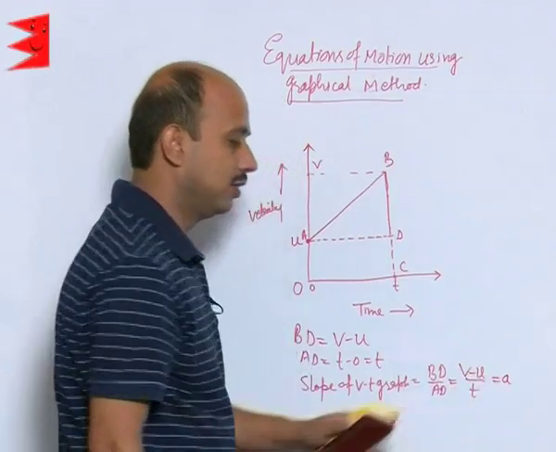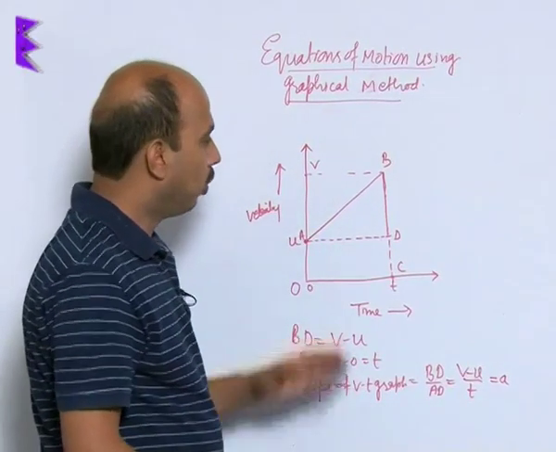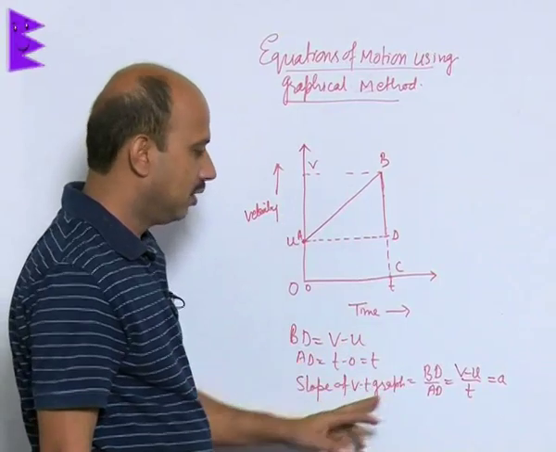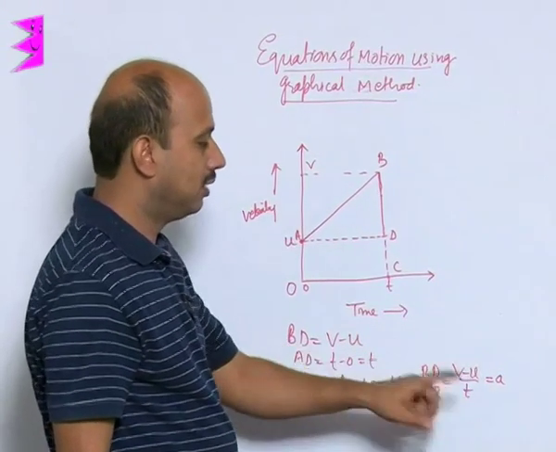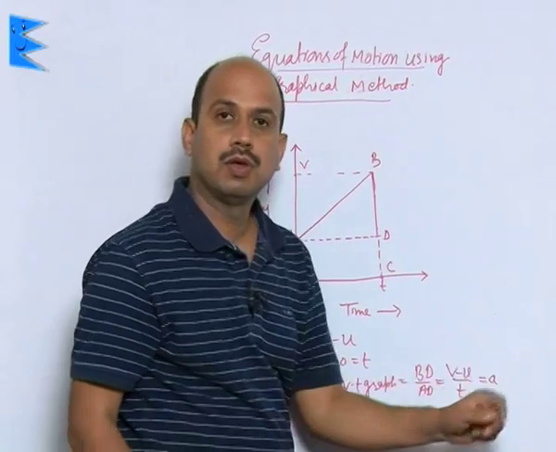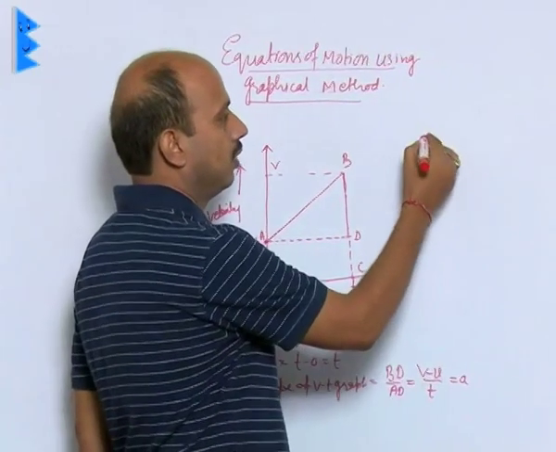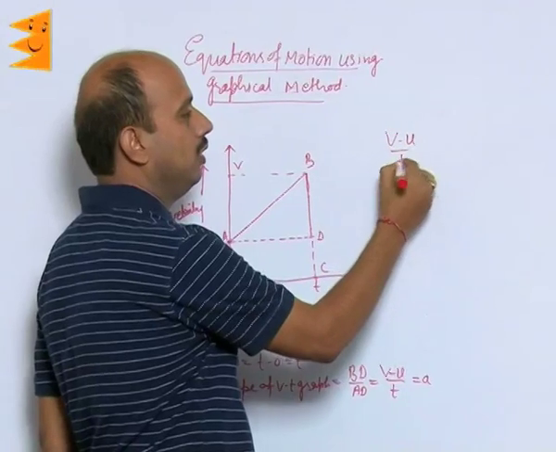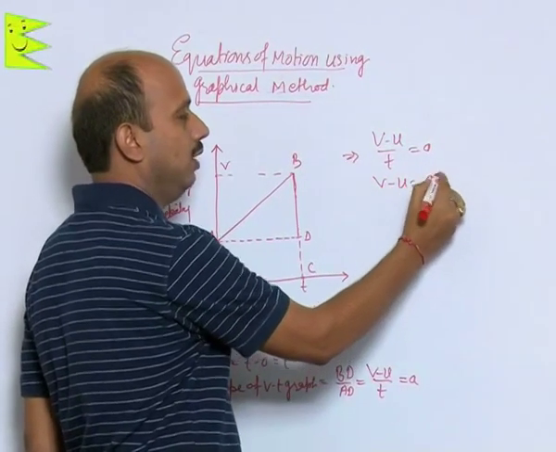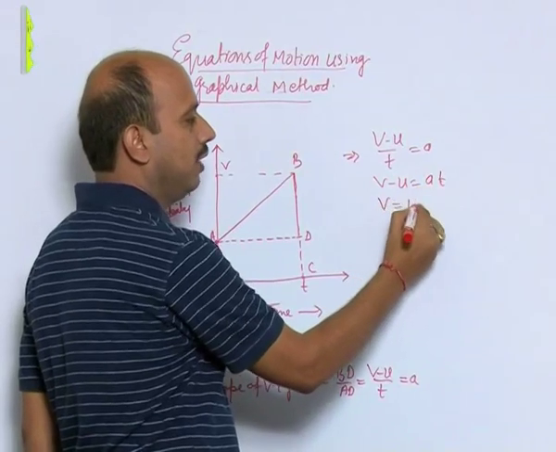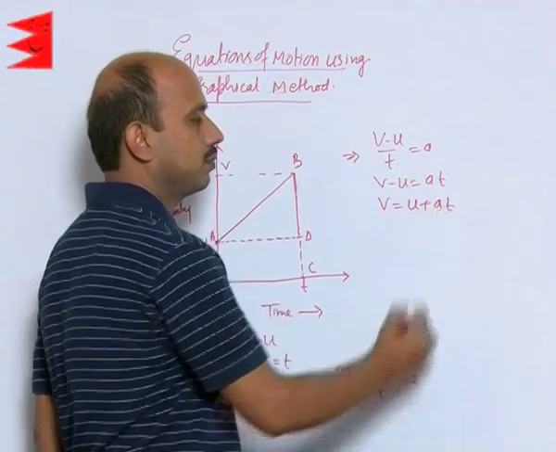We have done this already. So, now we have got the slope from this graph, that is V minus U upon T is equal to A. Now, we will write this equation in another form. V minus U upon T is equal to A, so we can write V minus U is equal to AT. So, V is equal to U plus AT.